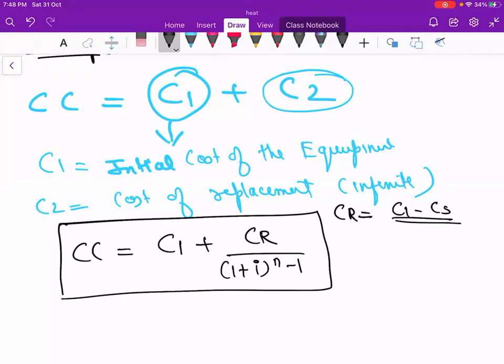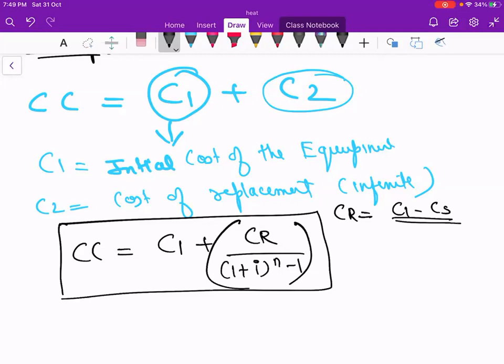So everyone got this point. C1 is the initial cost of the equipment. C2 is the cost of replacement; that much money I want for my system.